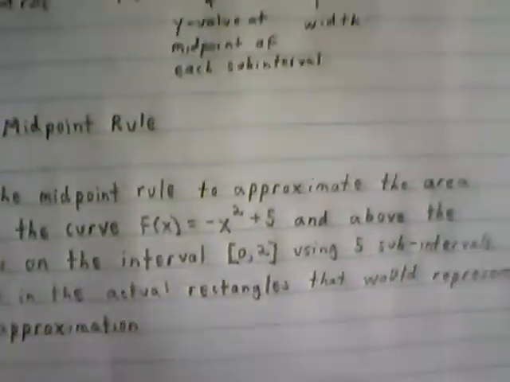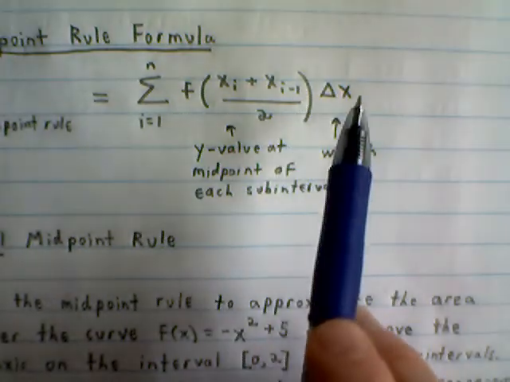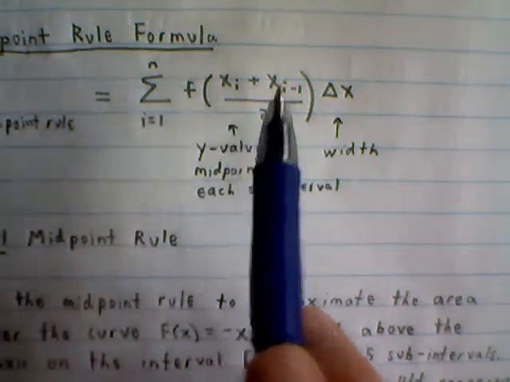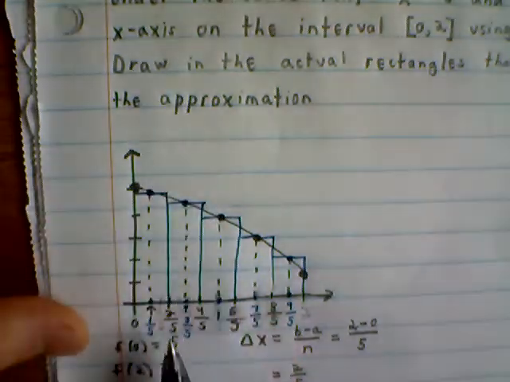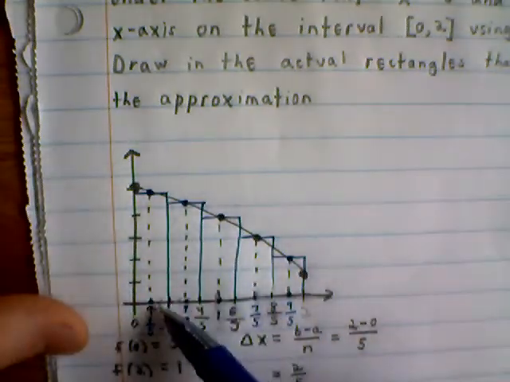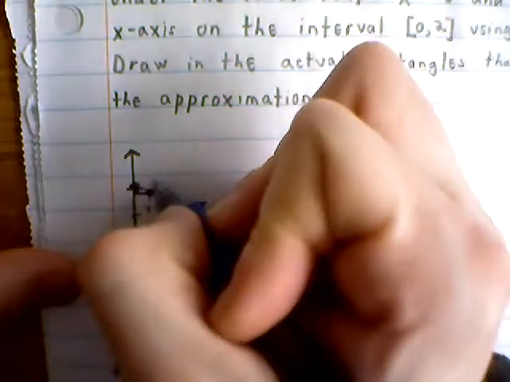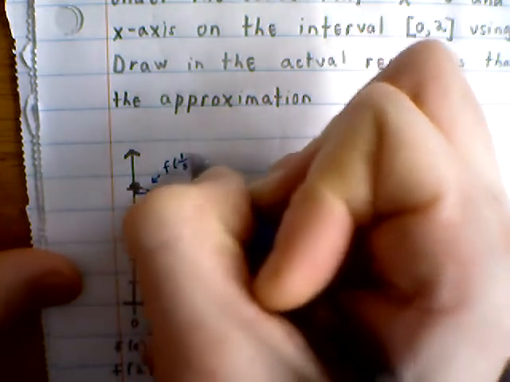Now, the midpoint rule states that we're going to take all of our widths times the function evaluated at the midpoints, because our height here is the y value at the midpoint. So these dashed lines represent the height of each rectangle, the y value at the midpoint. So here I have f of 1 fifth.